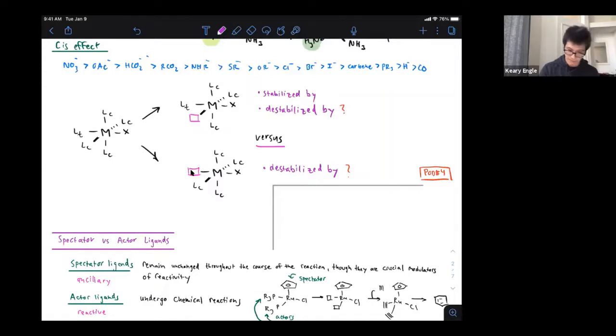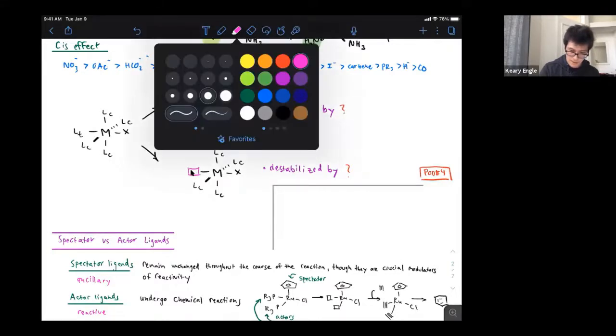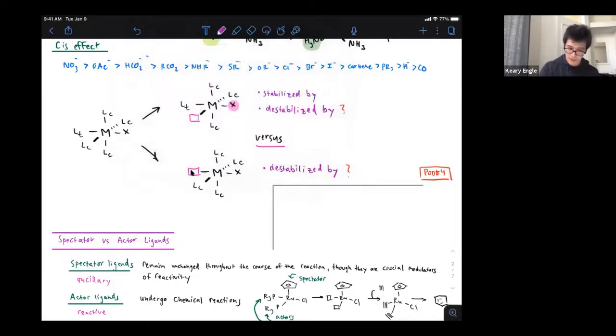So this sort of intermediate, so now we're talking about with respect to ligand X. Things that would be stabilizing would be those that can be bidentate or have the ability to toggle between monodentate and bidentate.